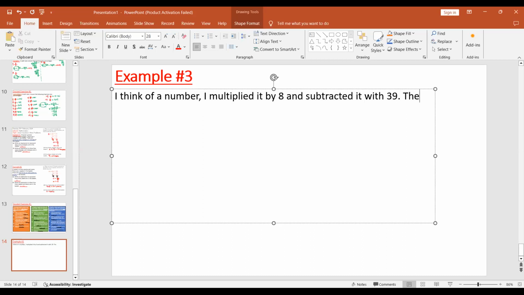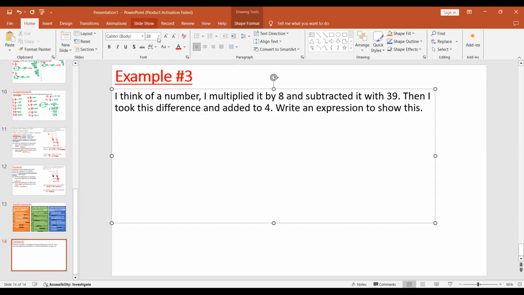Then I took this difference and added it to 4. Write an expression to show this.